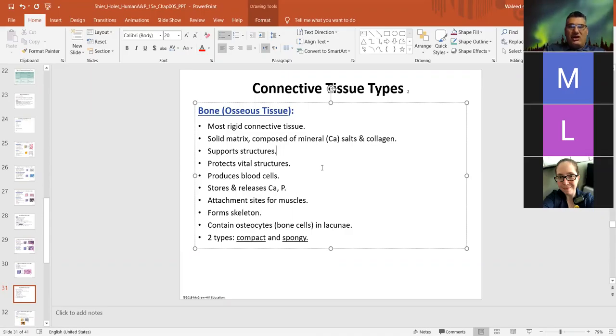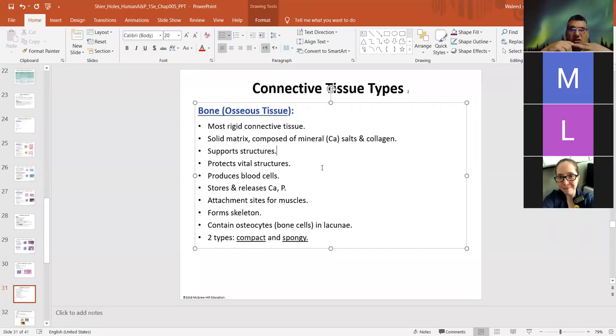And the bone has a lot of functions. If you ask yourself, why do I have a bone? To keep your body shape? Yes. To protect vital organs, like why do I have a skull? To protect my brain inside. Why do I have a chest cage that's bone? Why do I have the ribs? To protect the lung inside.